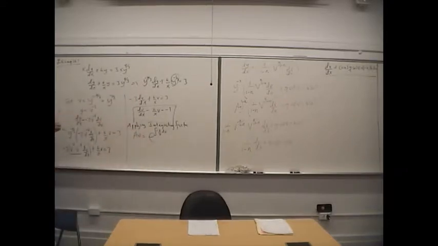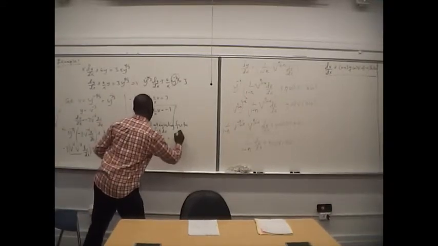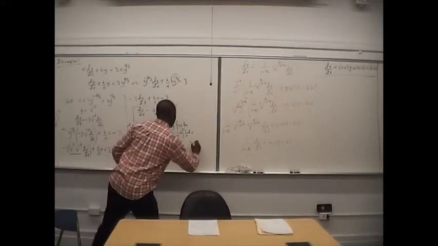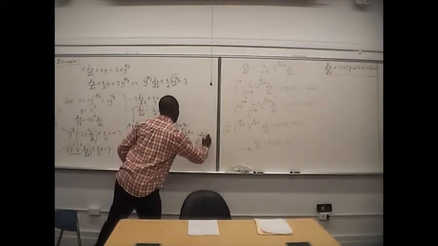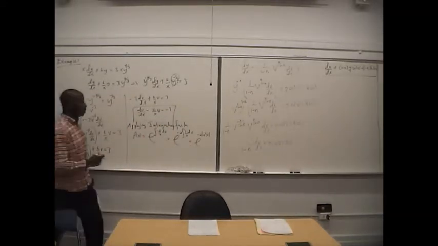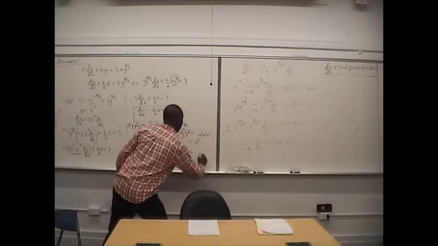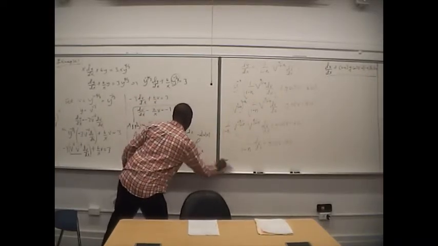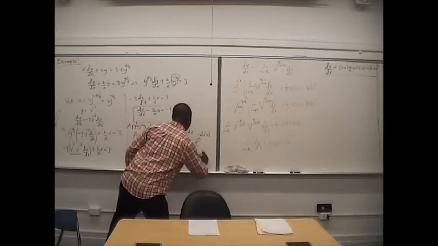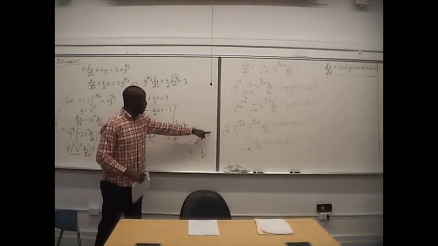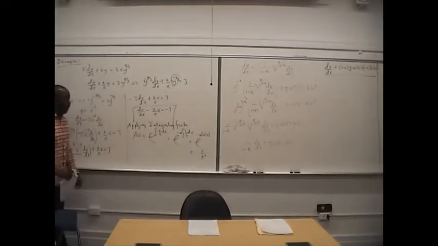You cannot forget that part. And so this is e^(-2 integral 1/x dx), which is e^(-2 ln|x|). We don't care about the constant. And this simplifies to e^(ln|x|^(-2)), and then we get 1 over x squared.